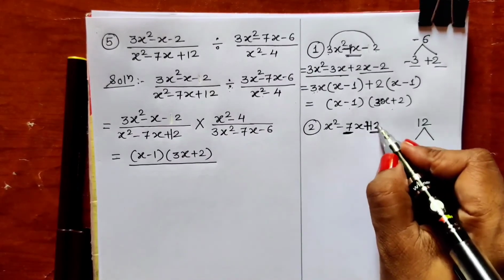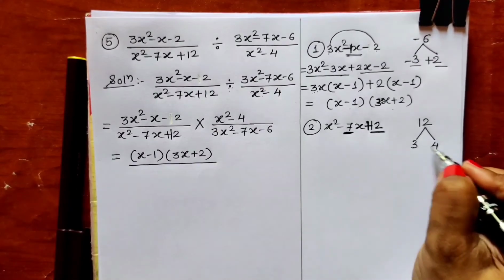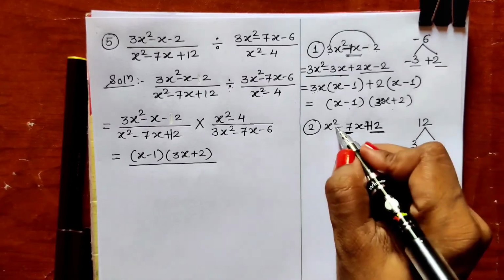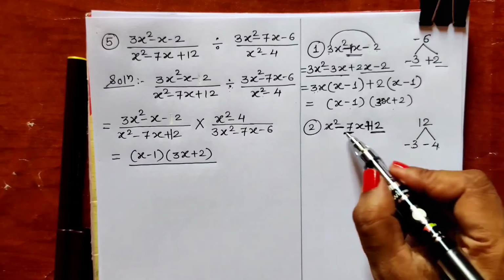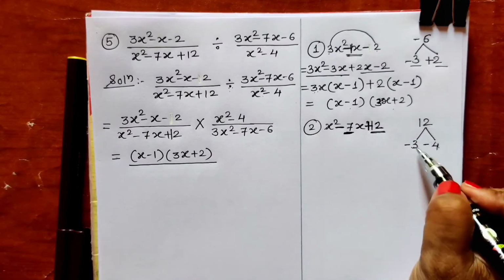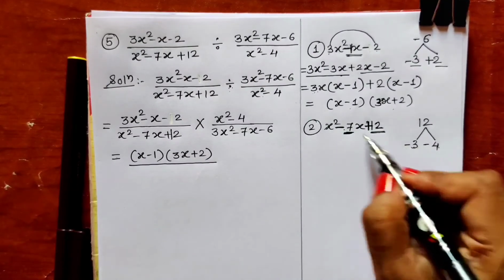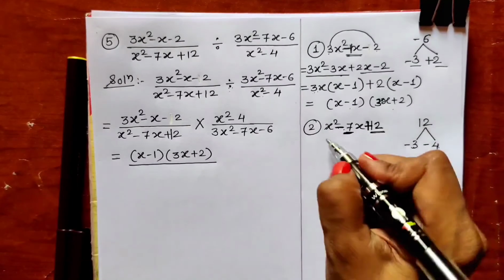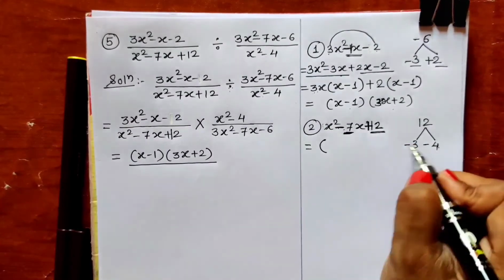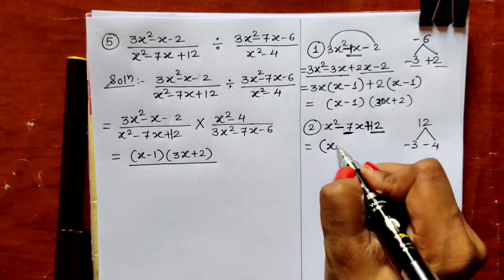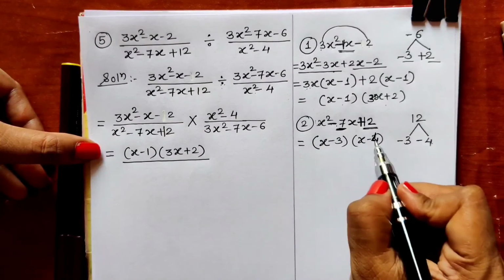So 3 4s are 12, and 3 and 4 add to 7. Both the numbers should have the sign of the middle term, minus minus, because we have found two factors of 12 whose addition should be the middle term. As the coefficient of the first term is 1, we can directly write down the factors with the variable of the first term. So in this way we can write x minus 3, x minus 4.